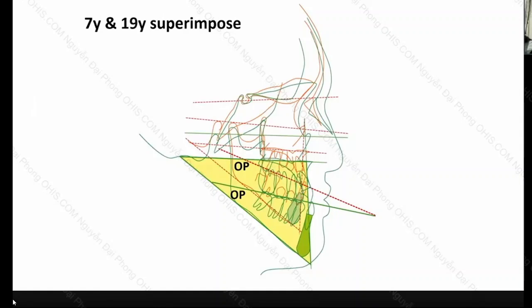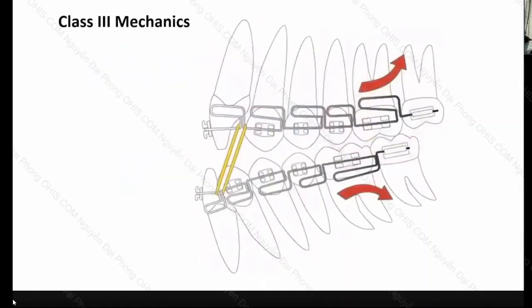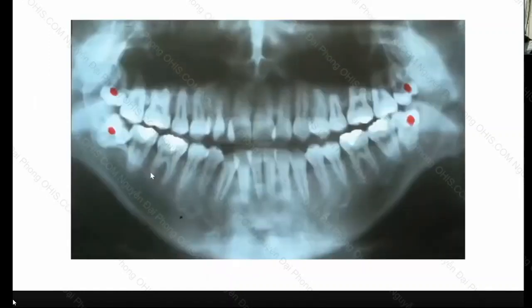Mechanics, again, the same. Basically, a little stronger tip back bend on the upper, and also on the lower, of course, tip back bend, and elastic use like this. Of course, third molar extraction is necessary.